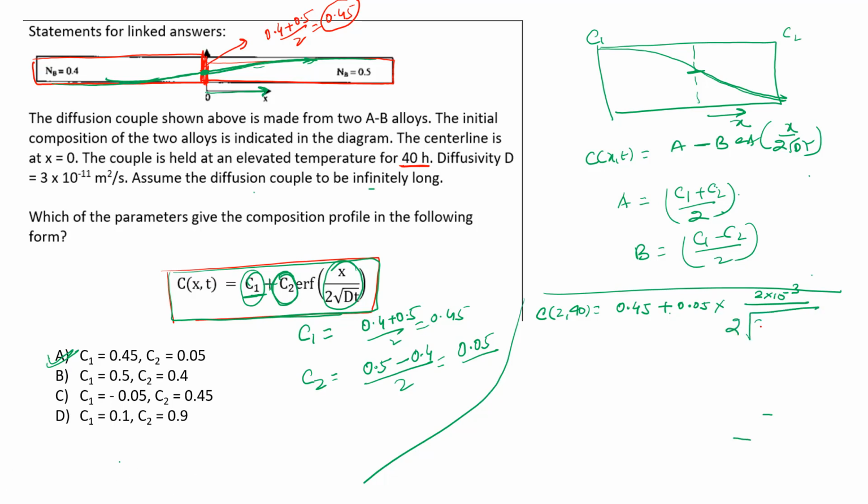D is 3 into 10 power minus 11 into time. Time is 40 hours, so 40 into 60 into 60. 40 hours into first 60 will give you the minutes, and the second 60 will give you the seconds, right? So now do the calculation.